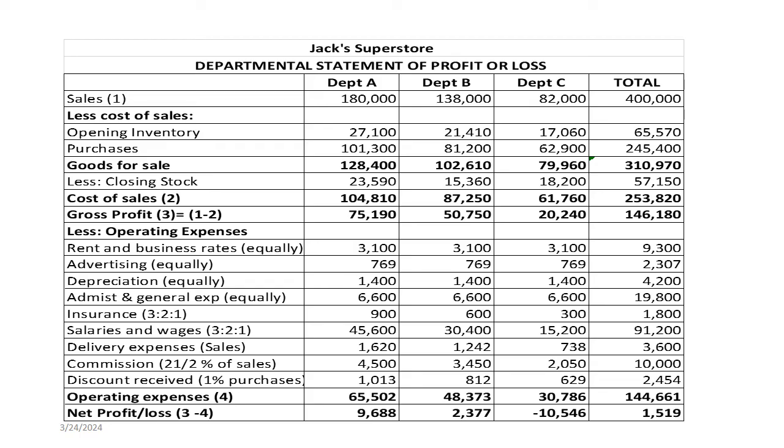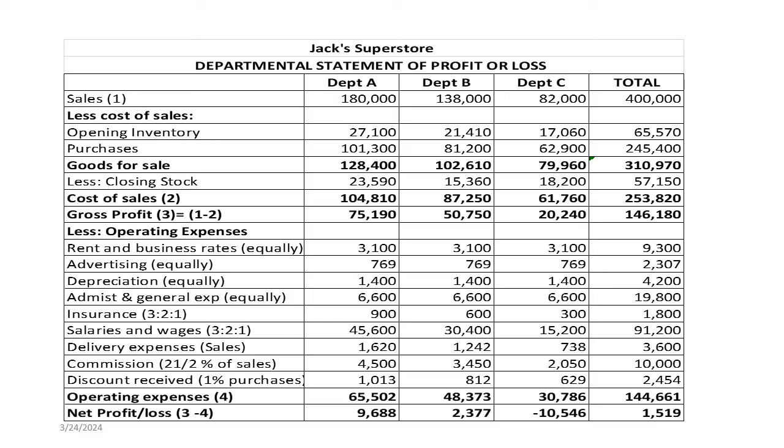For Department B also, we take the sales value of Department B, which is 138,000, over 400, which is the total sales, times delivery expenses, 3,600. So Department B will have a share of 1,242. Likewise, you do it for Department C.